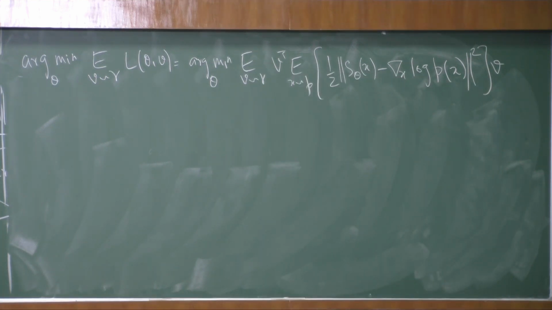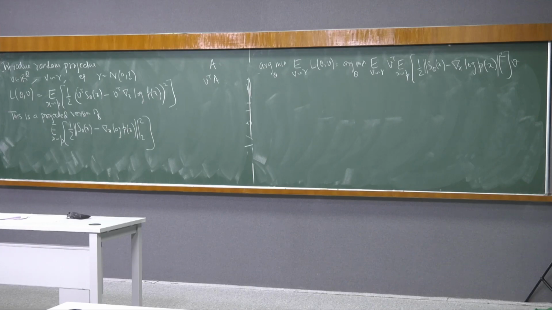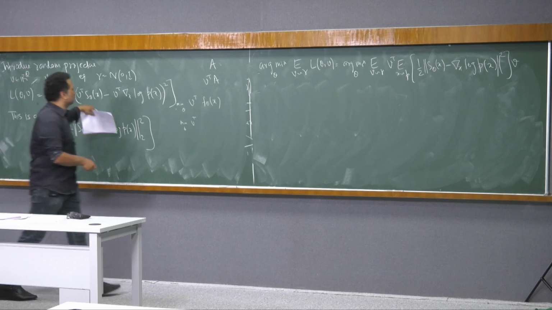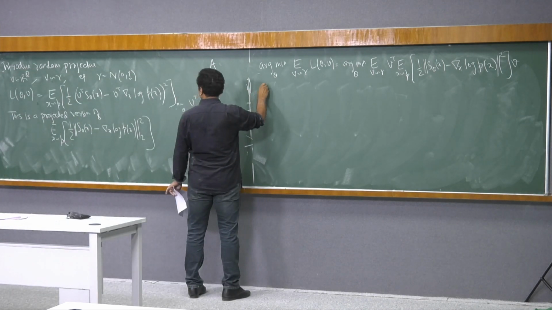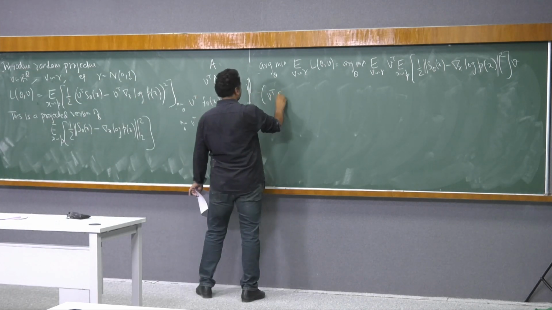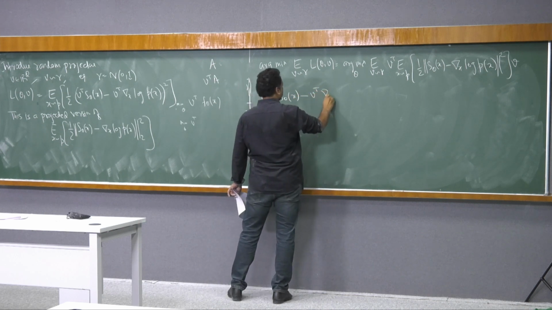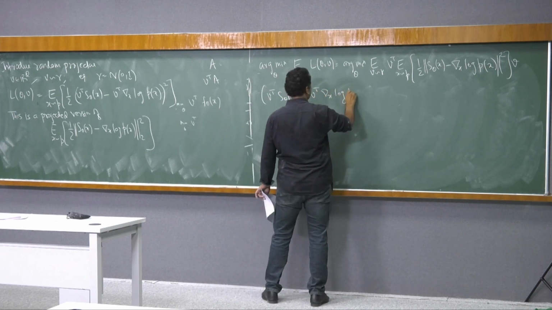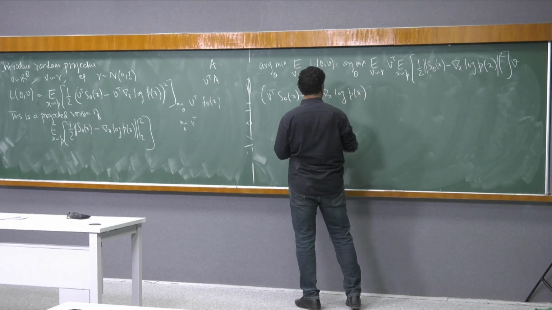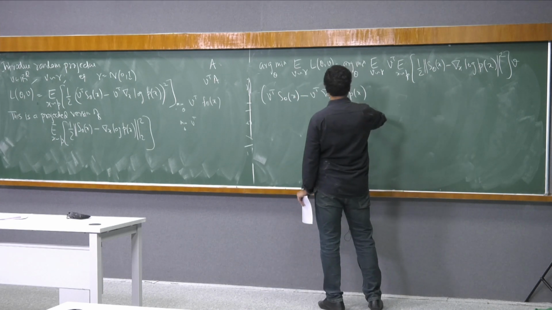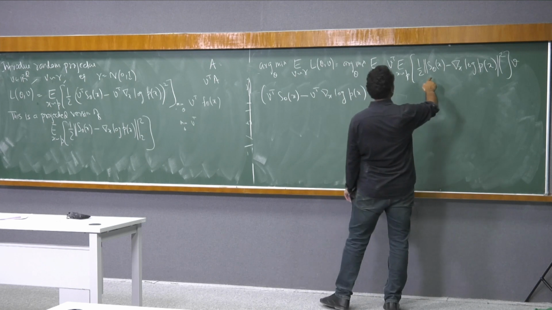Is this the same as that? The difference you see is that there is one v there. The point here is, the argmin of this, why should it be this? So let us see this square term, right? That's one way, I'm not sure. v transpose s theta x minus v transpose grad x log p x, right? They don't show these details here.